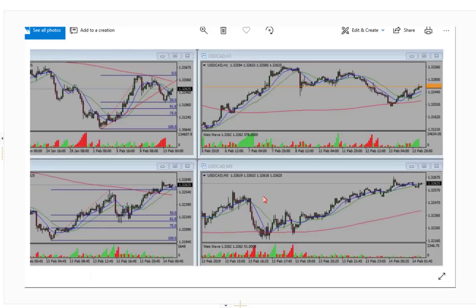I would just stick to trying to trade the Europe and morning US session. And that's kind of what I'm pointing out here.